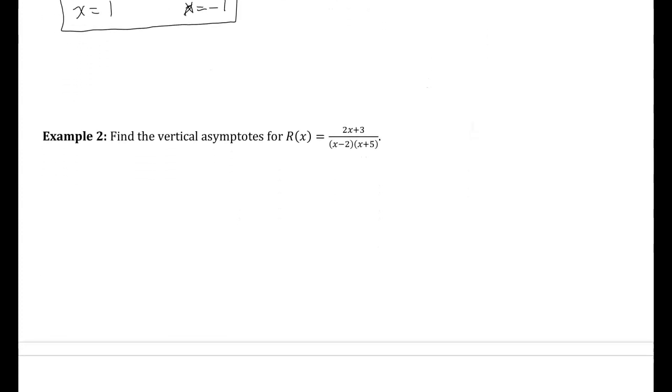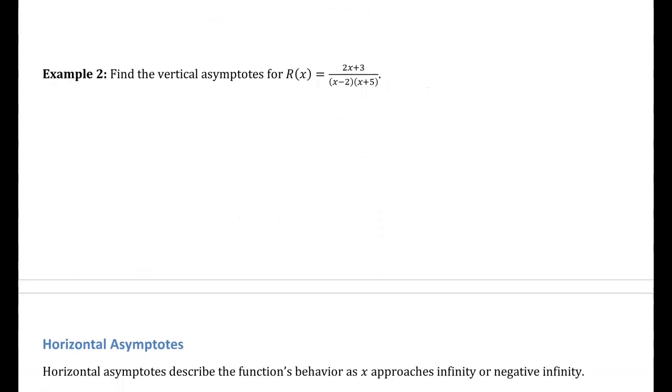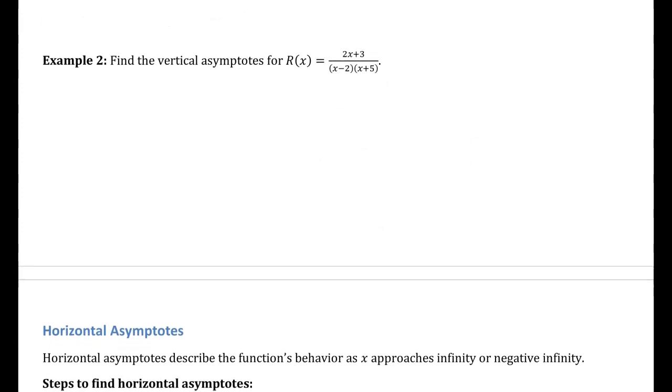All right, let's take a look at another example, and if you want to give this a try, feel free to pause the video and then restart to see the solution. So first step would be to factor. In this case, we don't have to factor because the numerator doesn't factor and the denominator is already factored. So let's check for common factors. There are no common factors.